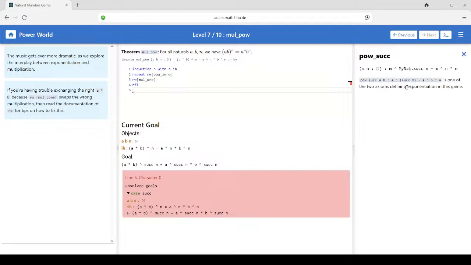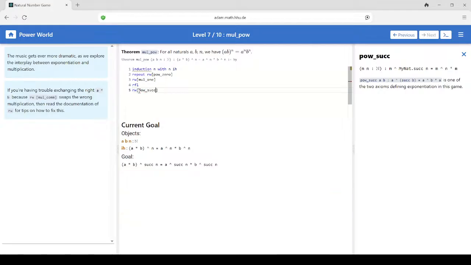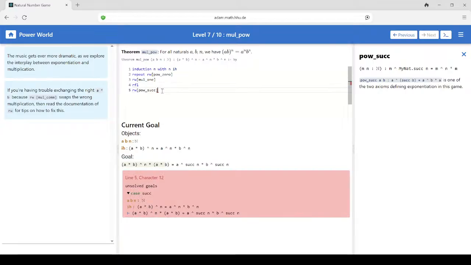Oh right, we used this to get it. Okay, that worked.